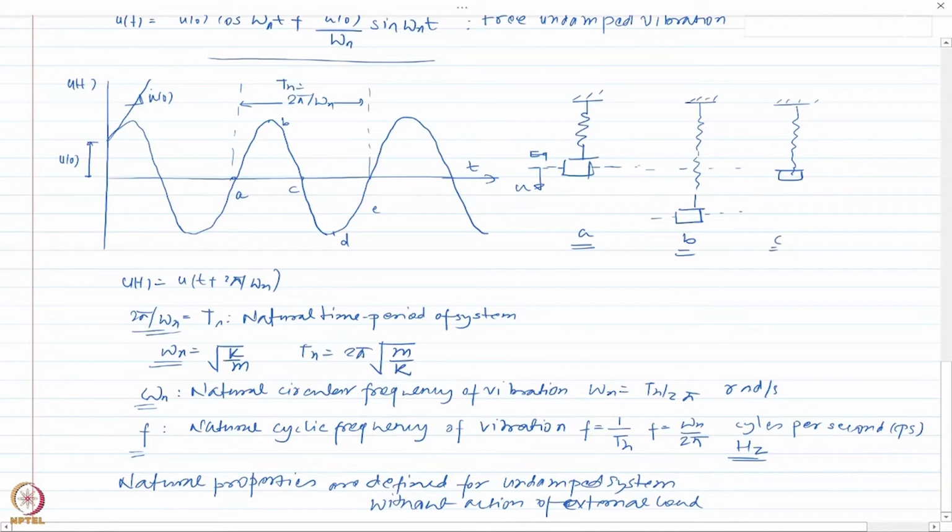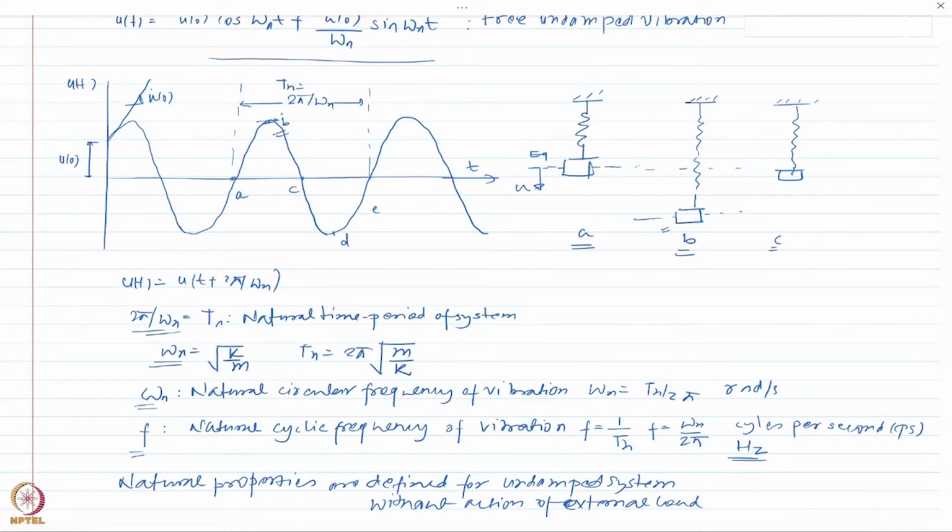When it goes to the maximum value of the displacement right here, u would be maximum, but the velocity would be 0. You can see that from this cycle: as it goes from A to B, the displacement is maximum. However, this curve is flat here, which means the slope is 0.